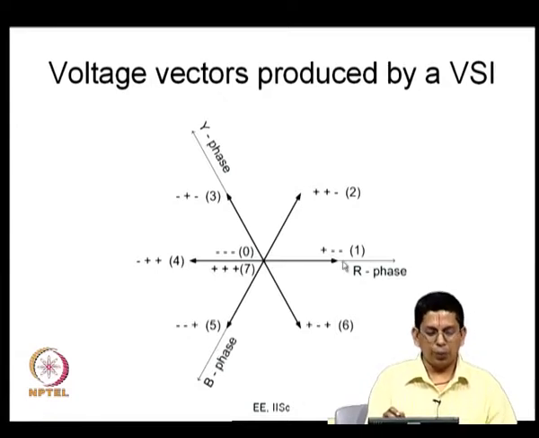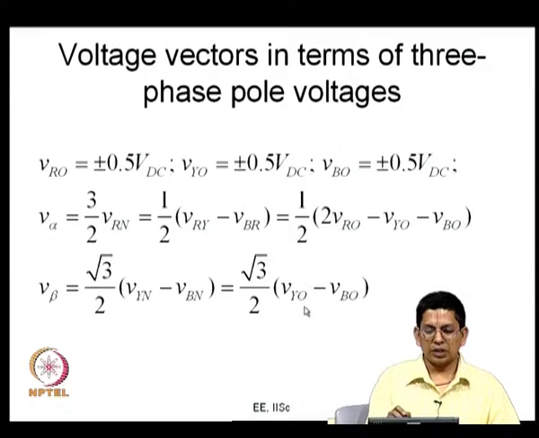Since VYO and VBO are equal to minus VDC by 2, you can see from the previous slide that V beta is 0. So, it is only V alpha, and you have VRO equal to VDC by 2, and the other two are minus VDC by 2 and minus VDC by 2. So, it adds to 2 VDC, and half of 2 VDC is simply equal to VDC.